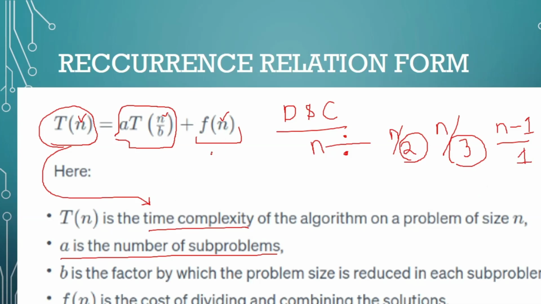Then f(n) is the cost of dividing and combining the solutions. Whenever we use divide and conquer algorithms, you divide a big problem into smaller sub-problems and then you will later combine them, right? So the amount of work done for dividing and then combining them later on is factored into f(n).